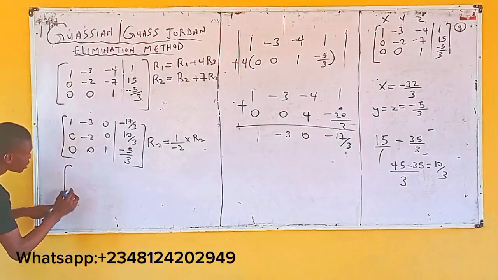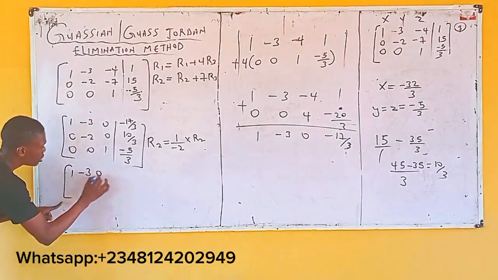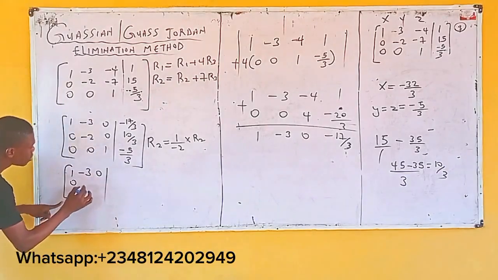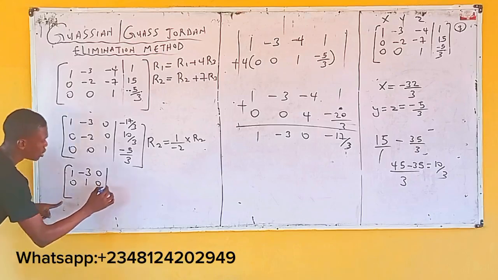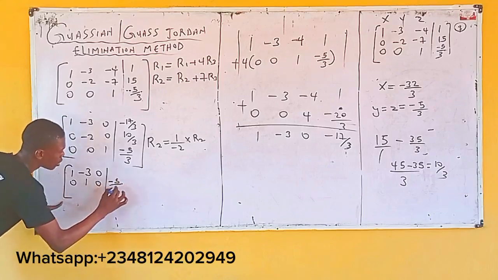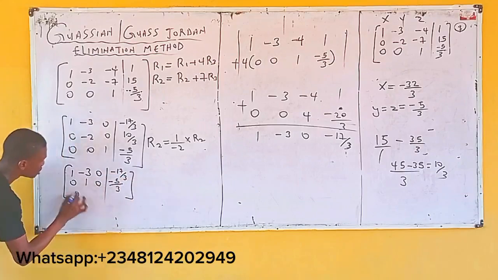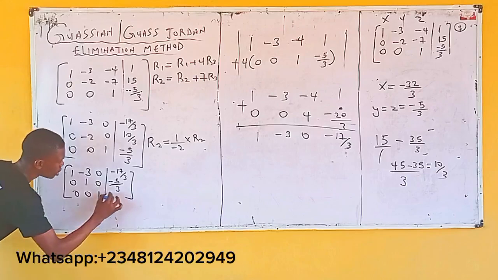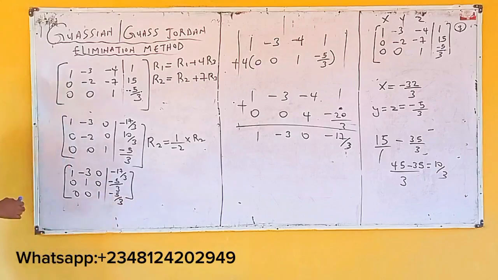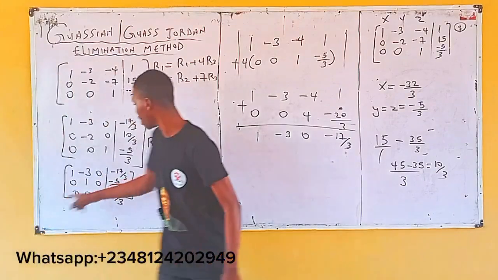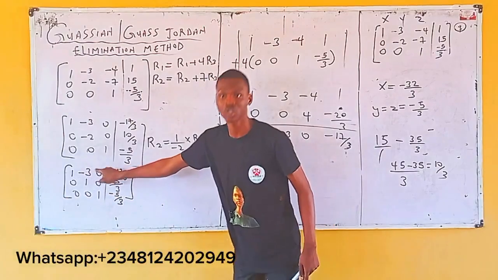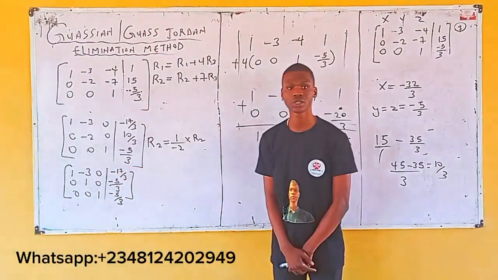That will be 1, -3, 0, 0, 1, 0, -5 over 3, -17 over 3, 0, 0, 1, -5 over 3. Now from here, you know that this -3 must be 0. Now what will be your manipulation here?